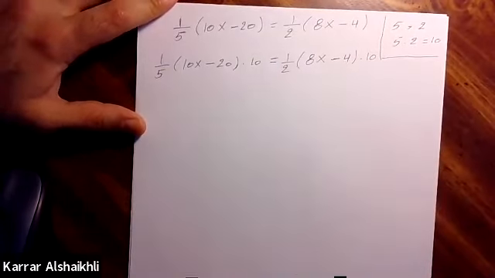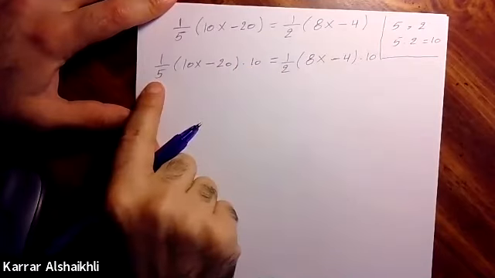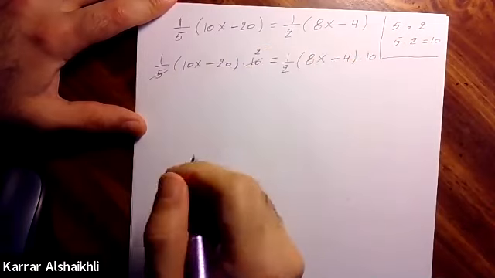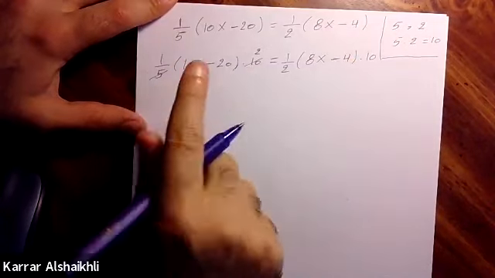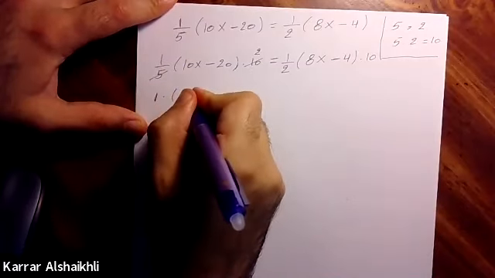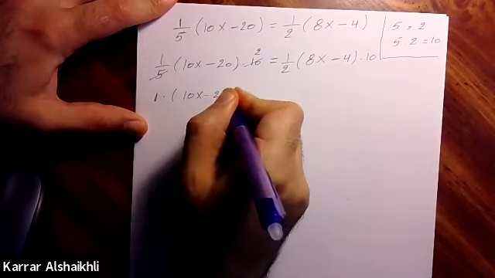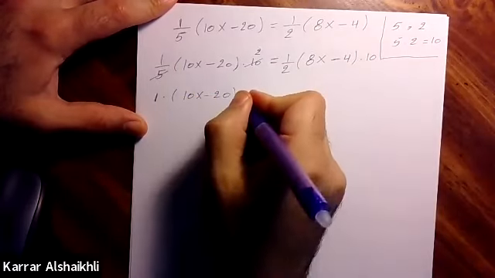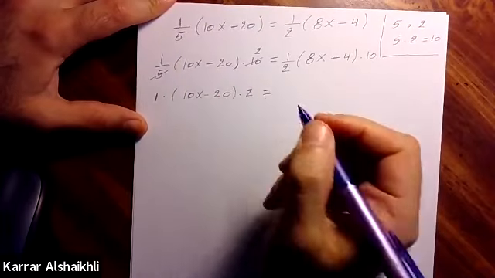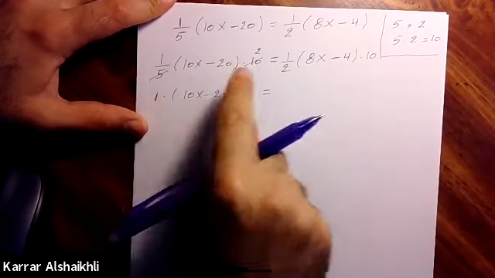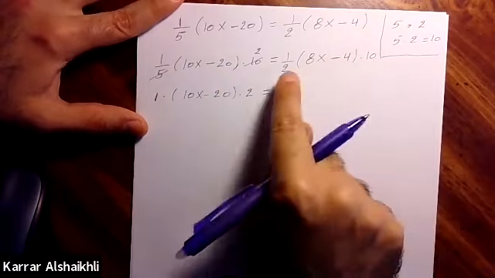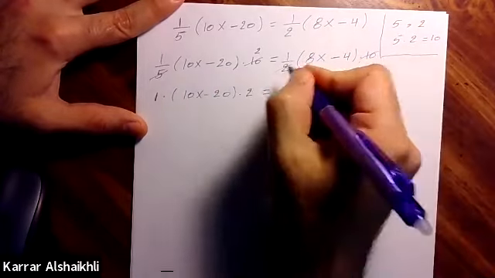I'm not going to do anything with the parentheses. 10 divided by 5 is going to be 2. So the leftover from this side, this is the 1, times parentheses (10x minus 20) times 2. You see the 1 left from here and the 2 from the other side around the parentheses. 10 divided by 2 is going to be 5.